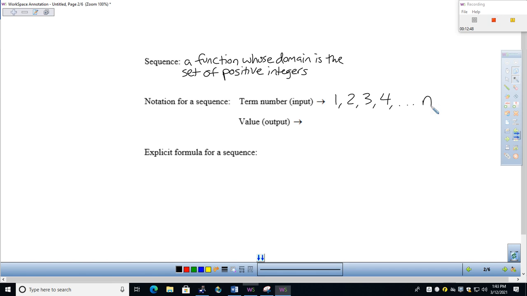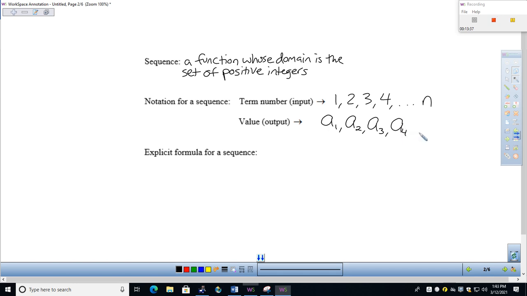All right, now this is going to be some new notation here. The outputs represent the value at that particular term number. So this, we would say a sub 1. This would be the value of the first term. A sub 2, the value of the second term. A sub 3, a sub 4, dot, dot, dot.